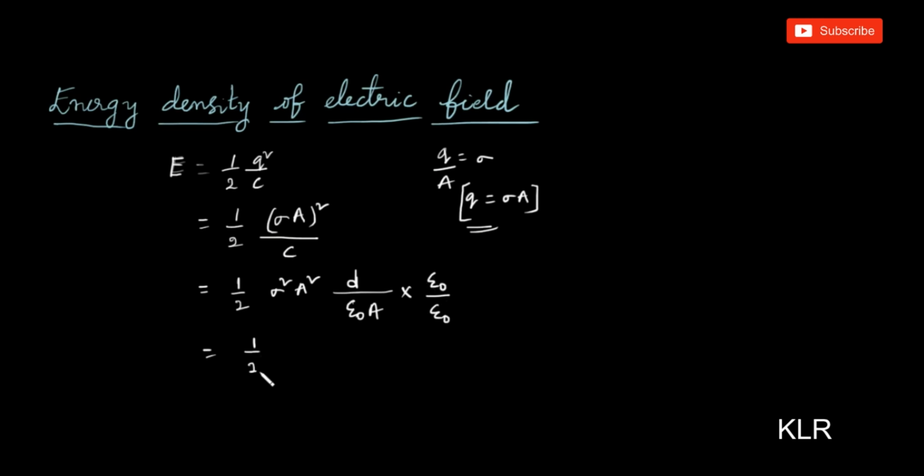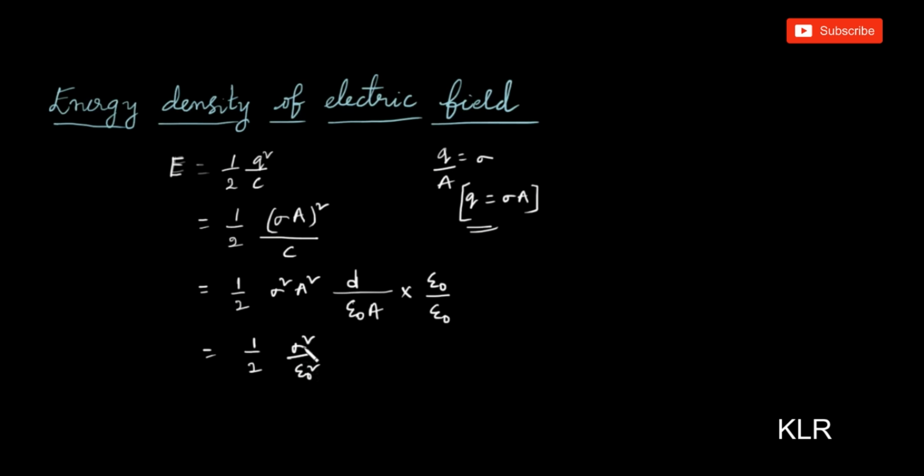So I'll get half into sigma square by epsilon naught square. I multiplied with epsilon naught in the numerator and denominator so that I get epsilon naught square, and I can pair it up with sigma square.